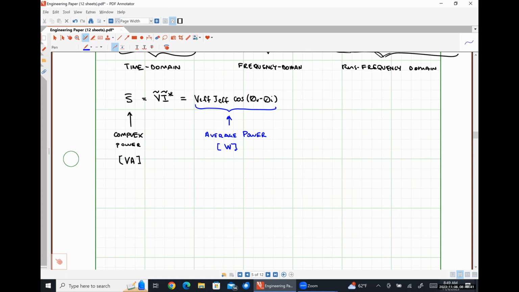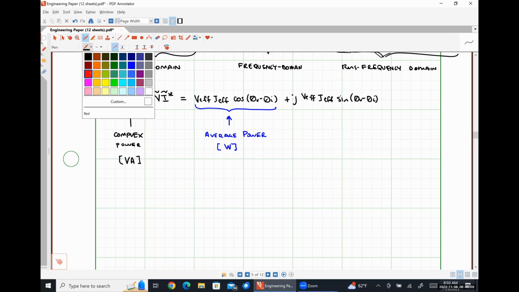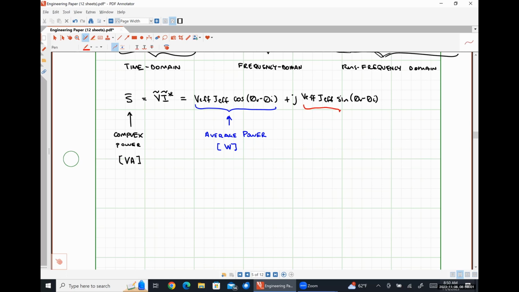Okay. And then we're also going to have an imaginary part. V effective, I effective, sine theta V minus theta I. The imaginary part here is what's called the reactive power.